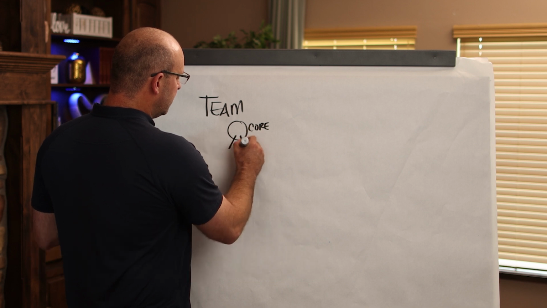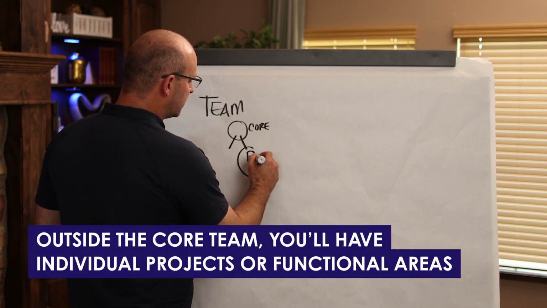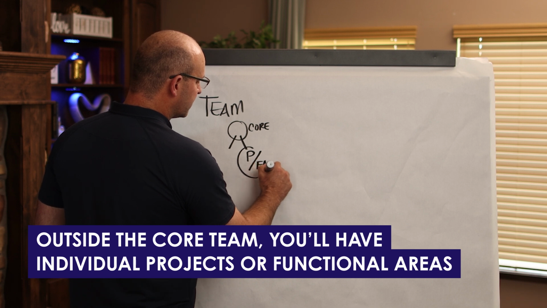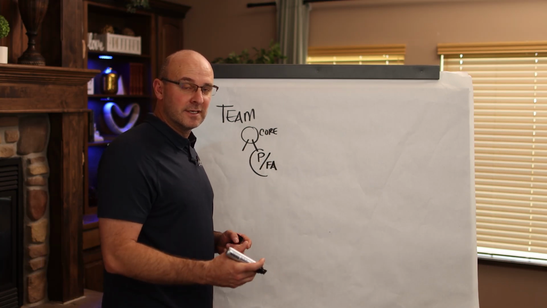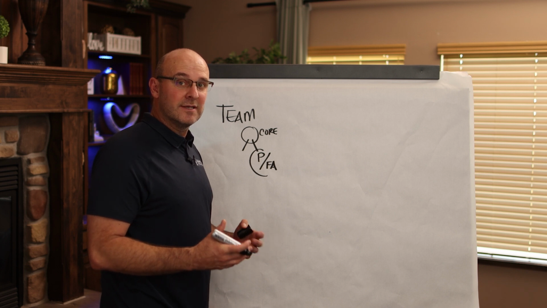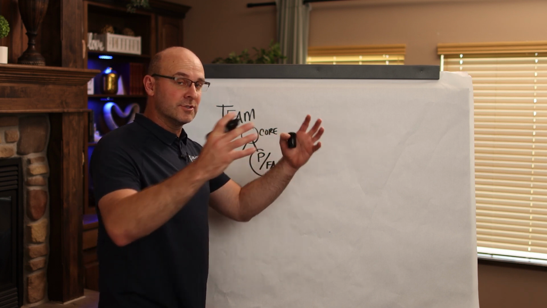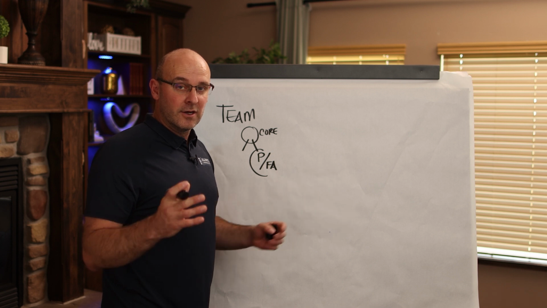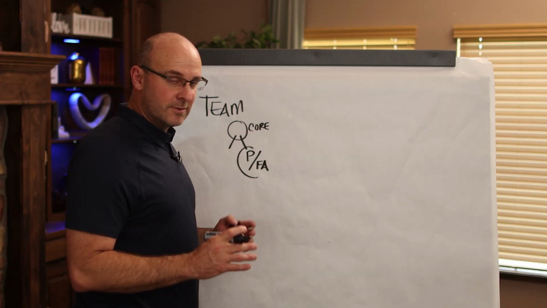A lot of times, outside of that core team, you'll either have individual projects or one of my favorite topics, functional areas. That means you have a project manager, a superintendent, and the team within and dedicated foremen to control either a project or a certain geographical area on a project, and it has its own supervision and you're literally ready to go.